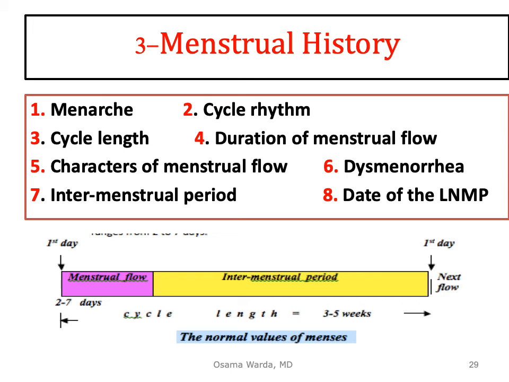However, there is normal intermenstrual pain, which is called ovulation pain or Mittelschmerz pain. This pain is explained by the localized irritation of the peritoneum by the follicular fluid that is released with ovulation, because this follicular fluid contains many chemicals including prostaglandin.